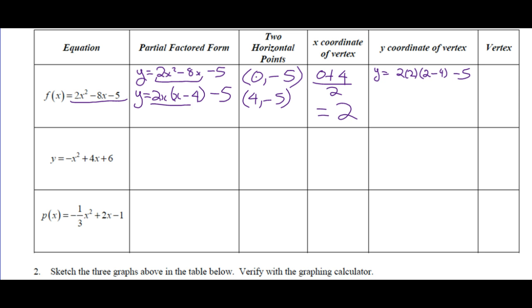So all I'm doing is taking that equation and substituting x as 2. So that's 4 times negative 2 minus 5, which is negative 8 minus 5, or negative 13. And the vertex is at 2, negative 13. That one's actually right. At least it's what's written on my answer sheet.